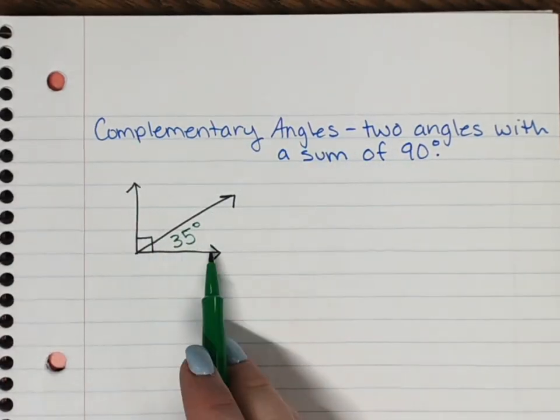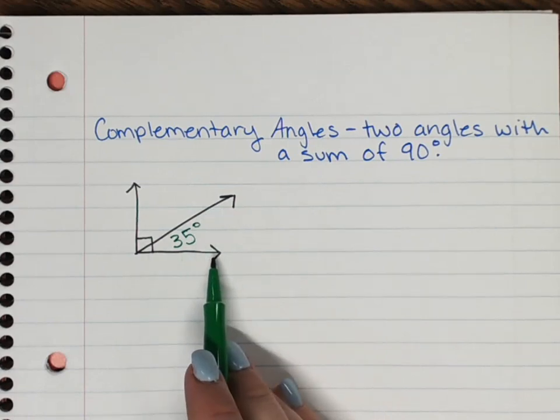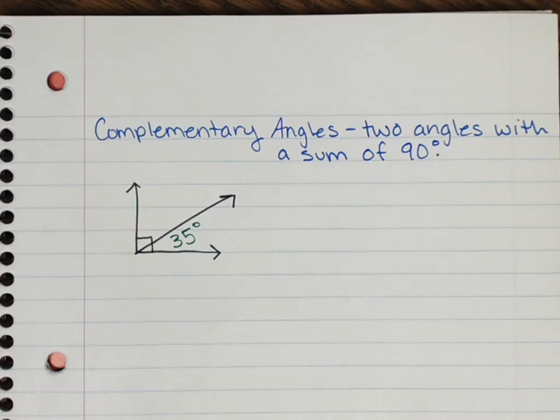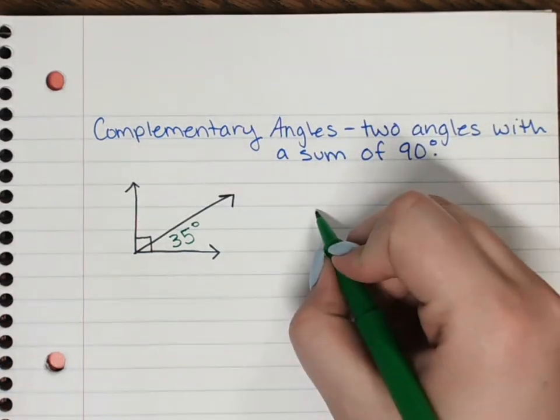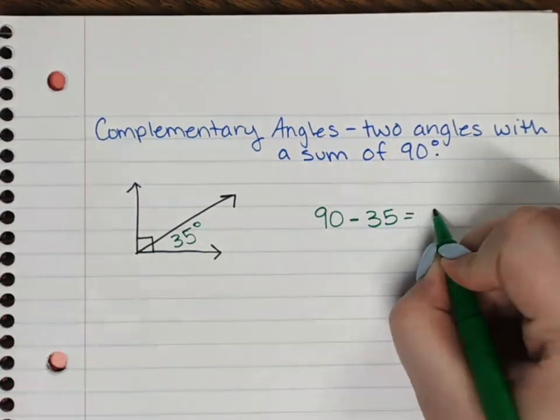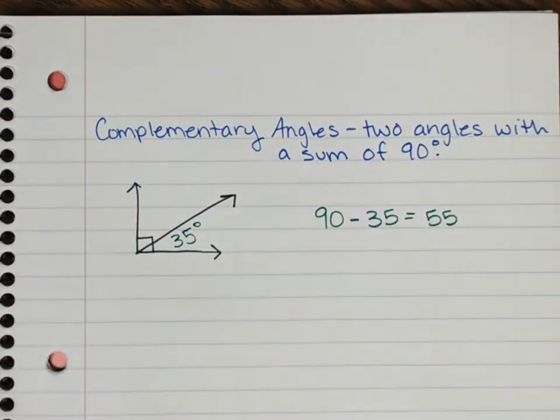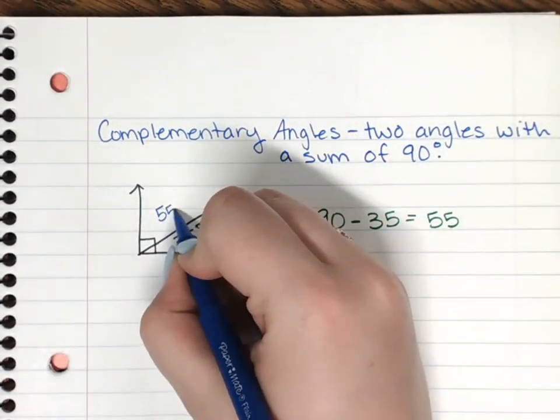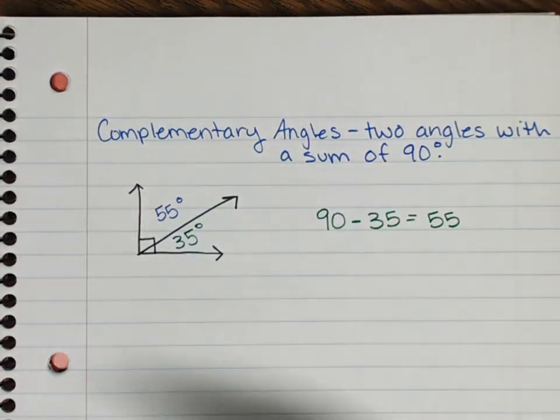If this is 90 and this is 35, pause the video quick and figure out what the other angle is. Okay, I hope that you knew that that other angle is 55 degrees, because if I have 90 and I take away the 35 degrees, I have 55. So this angle is 55 degrees.